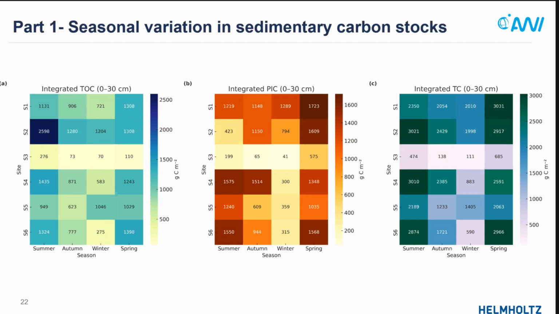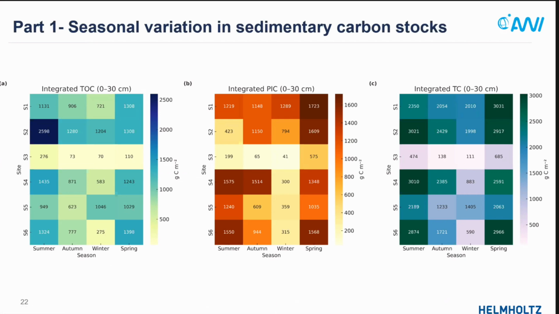So the bare sands had a very small amount of carbon, organic or inorganic, and S6, the subtidal reference site, can match reef associated organic or inorganic carbon during the productive seasons, like summer or spring, but otherwise it is lower in carbon.